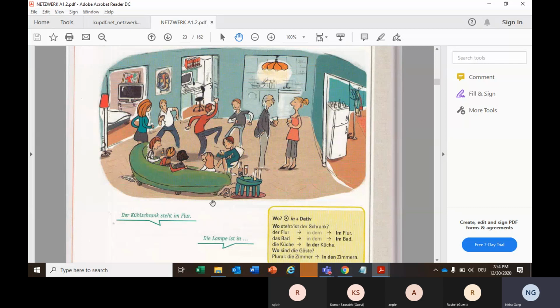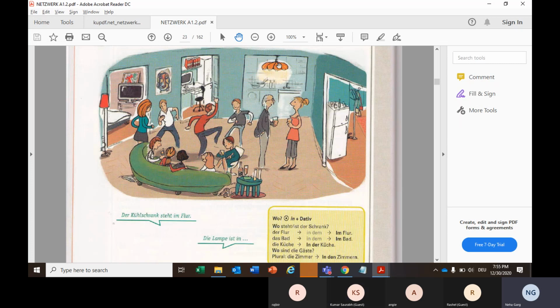What is the fourth sentence? Can you read that? Bulb is under the roof. Okay, that is Lampe. Die Lampe hängt an der Wand.